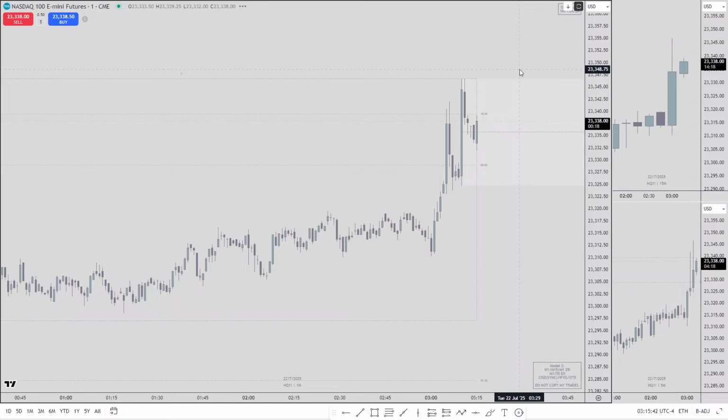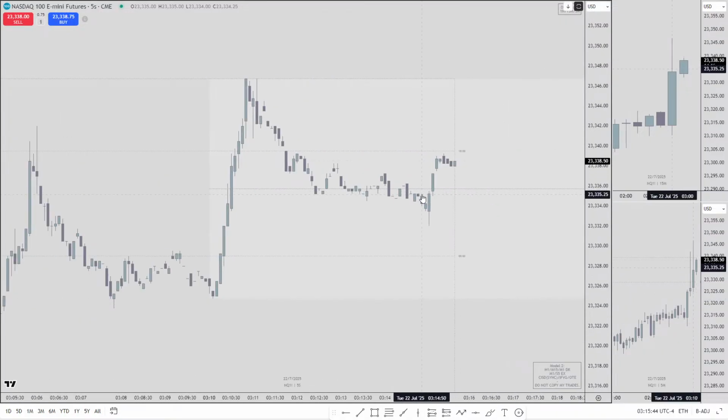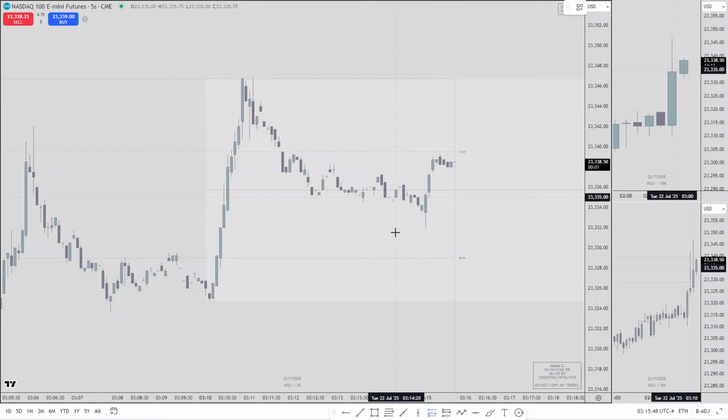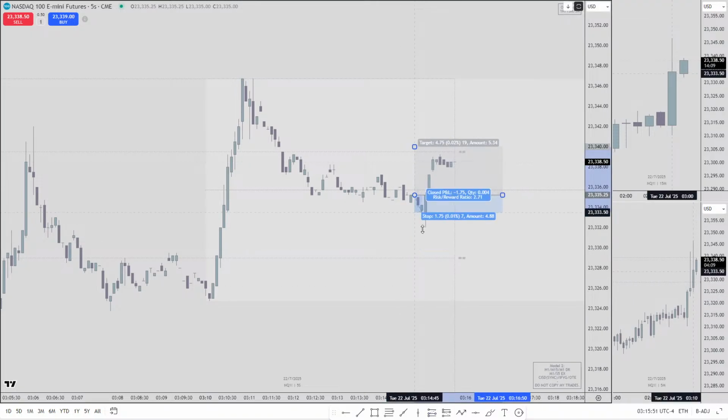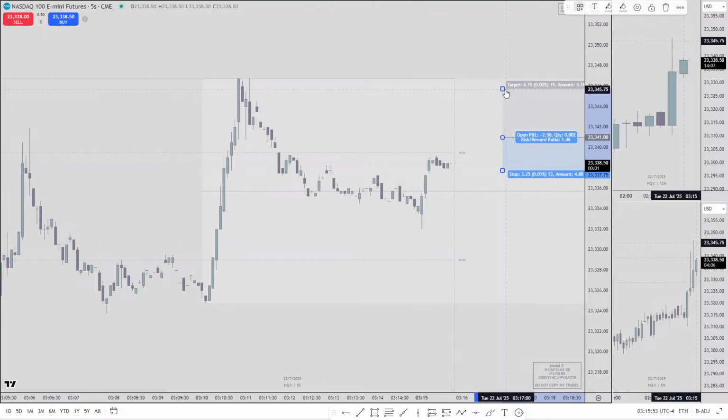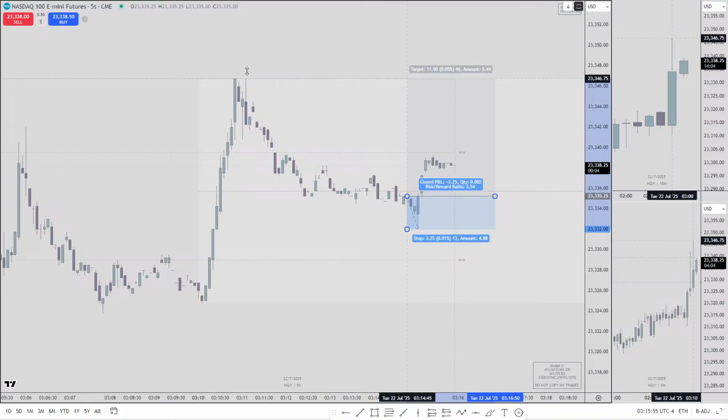Well, for 1 minute, it would be slightly difficult, but if it is during the New York AM session, this would be the entry to take out these highs up here, 3.5 hour.